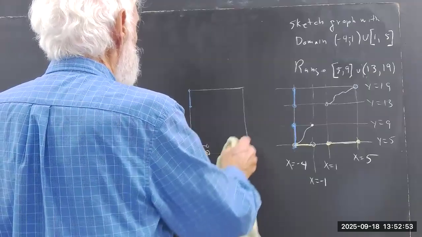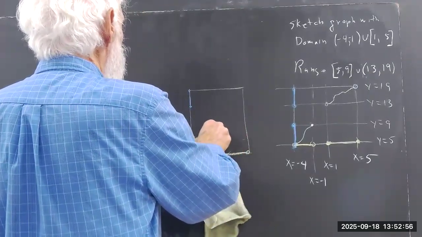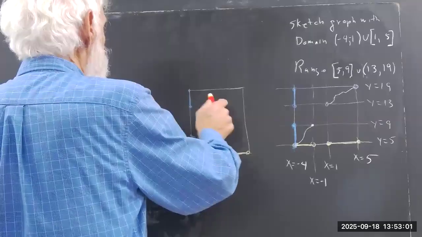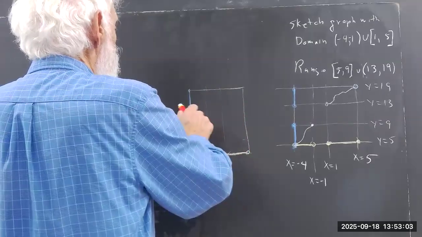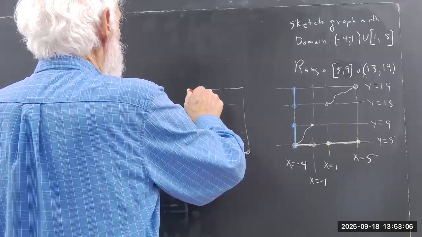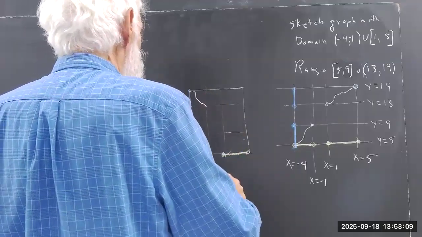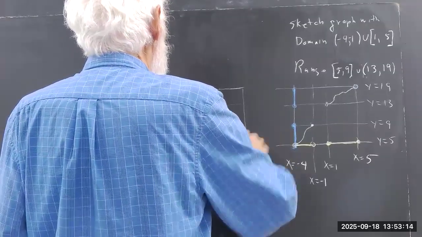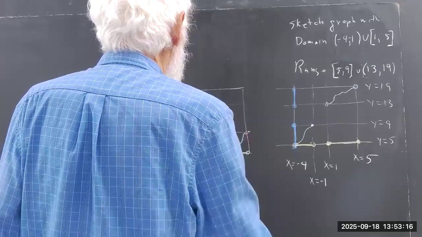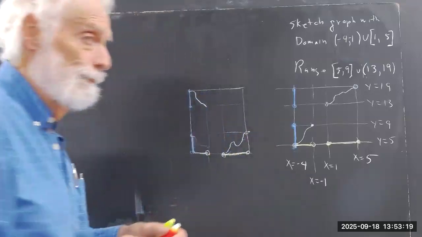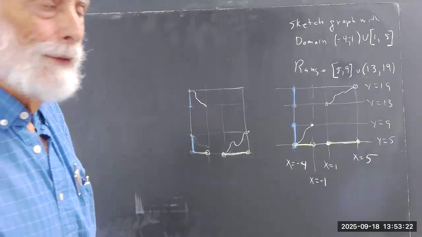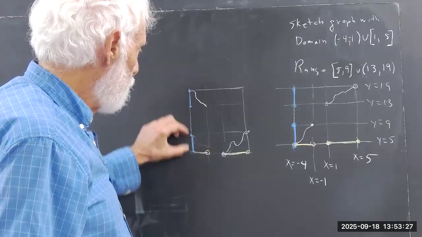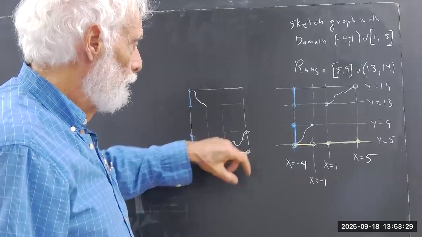There might be a way to split things up. Of course, you could do the simple thing and just draw a curve up here, increasing or decreasing doesn't matter, and a curve down here. Okay. The criterion is you got to have a y value for every point in the range and an x value for every point in the domain.